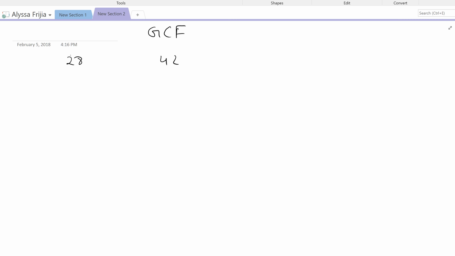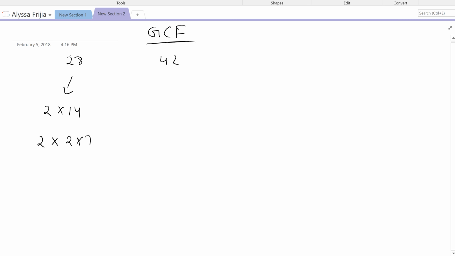On your notebook, you're going to do it that way. Write down all possible factors for 28. They are 2 times 14. You can break it down slowly. Then keep breaking down. 14 is 7 times 2. Now, that's the prime factorization. We cannot go further than that.